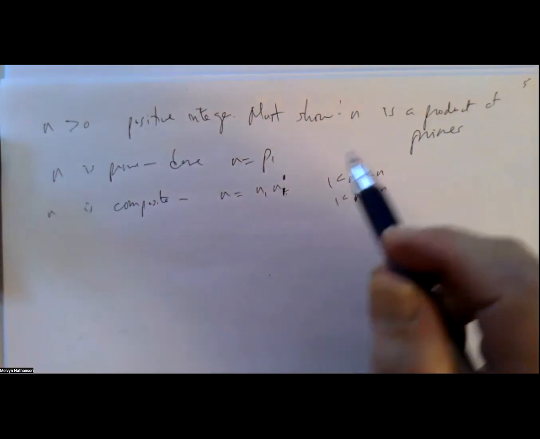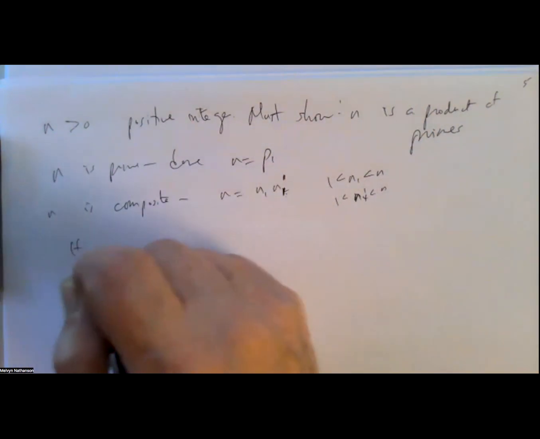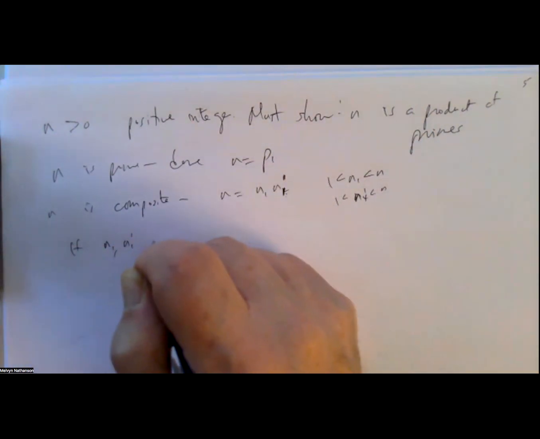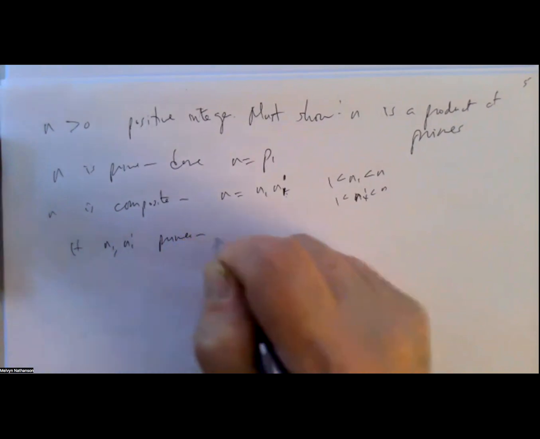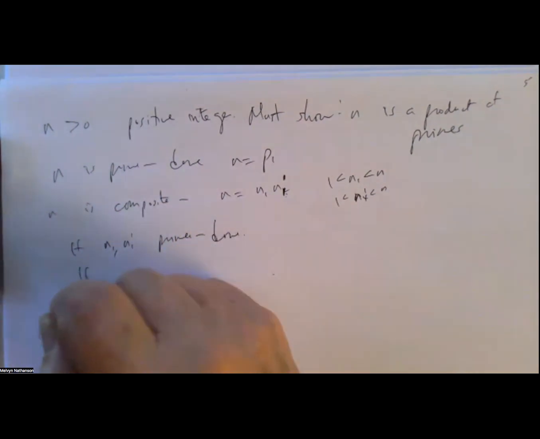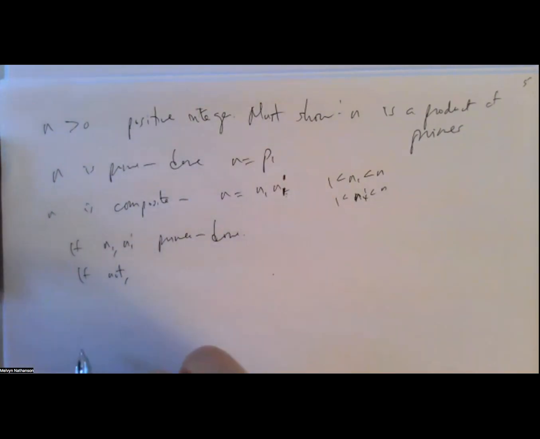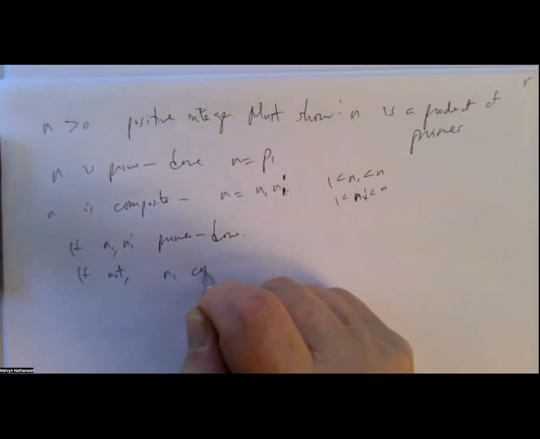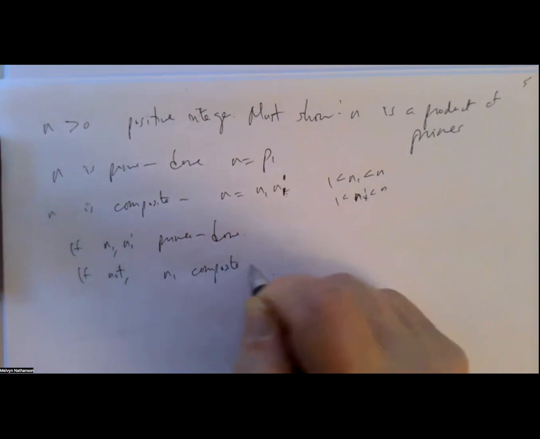If these are primes, we're done. If not, one of them is composite. Say n1 is composite.